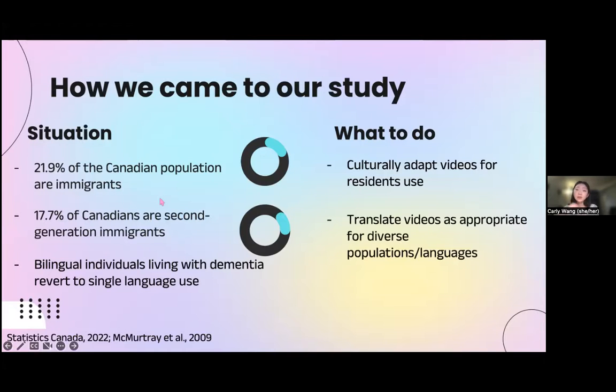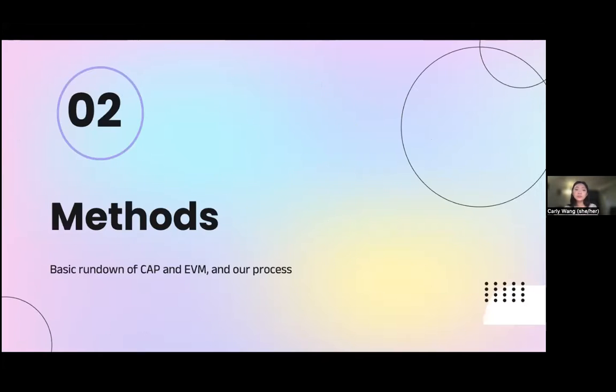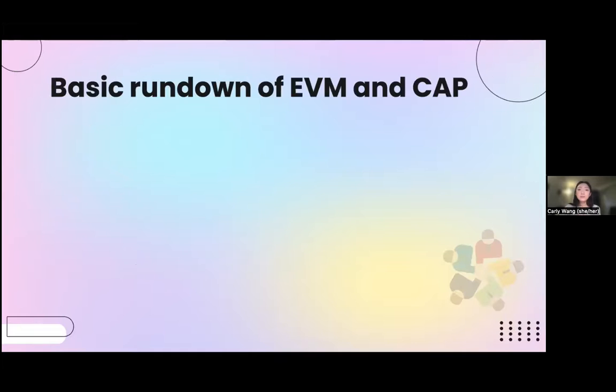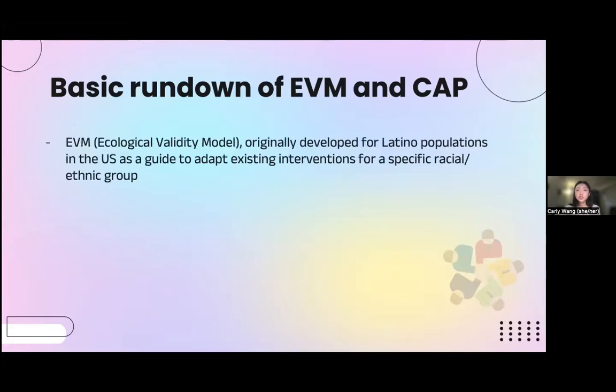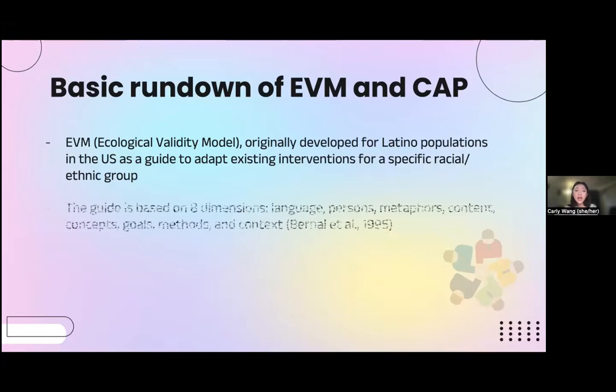So we asked the company to please translate the videos as appropriate for diverse populations and languages. Some of these translations help with the cultural adaptation. Some methods to do this cultural adaptation include EVM, Ecological Validity Model, originally developed for Latino populations in the US as a guide to adapt existing interventions for a specific racial or ethnic group.